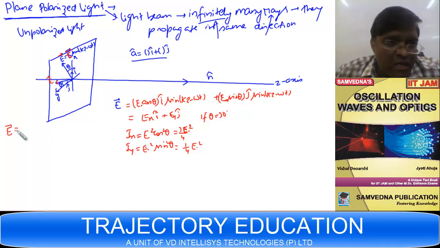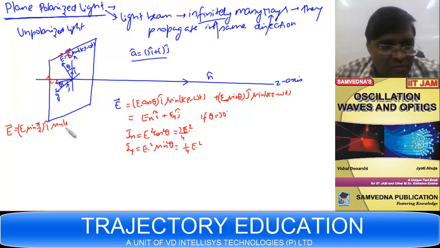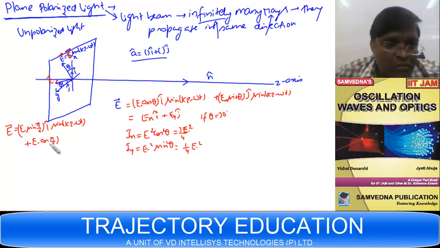In that case, I can write E as E naught sin pi by 6 i sin(kz minus omega t), right, plus E naught cos pi by 6 j sin(kz minus omega t), right?